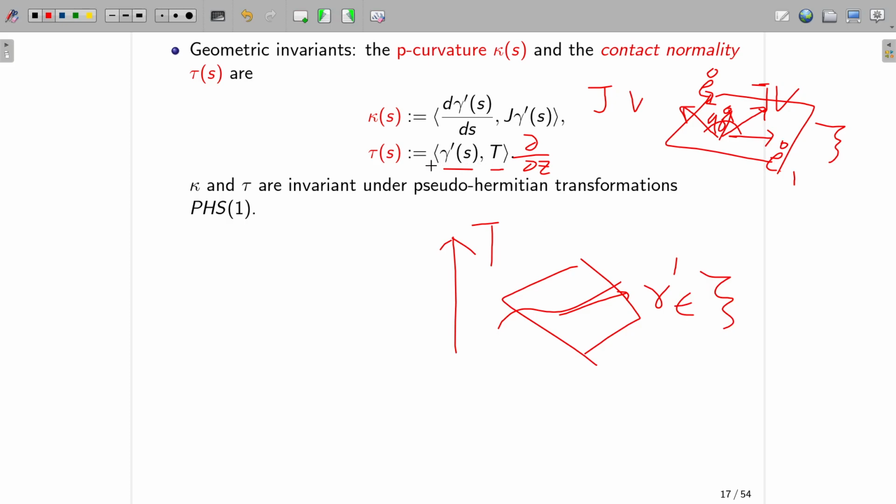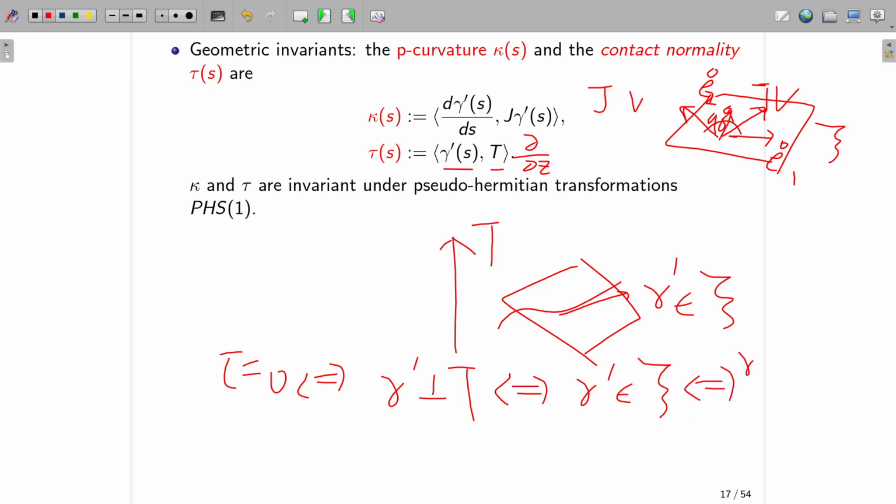So tau is 0 if and only if gamma's tangent is perpendicular to T, that is, if and only if gamma is on the contact plane. So gamma is horizontal by definition. That's why we call it contact normality. It measures whether it's a horizontal curve.